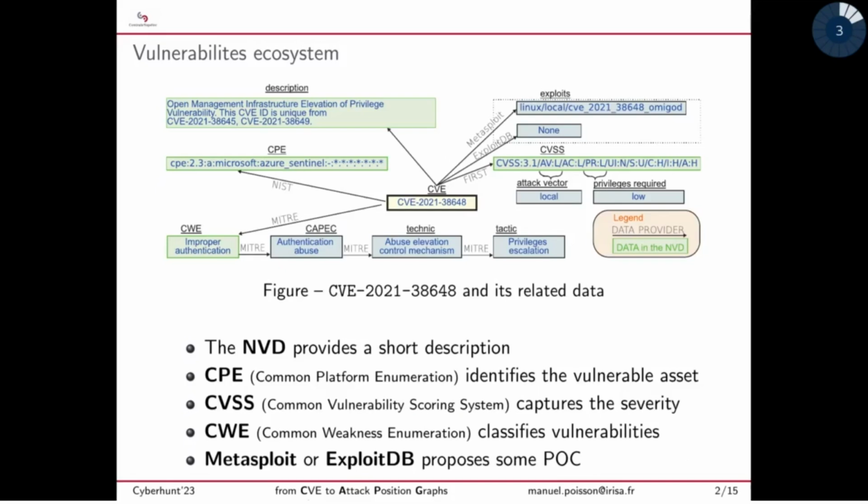And finally, we have exploits related to the vulnerability. This is proof of concept code that can trigger the vulnerability, and it can be found on Metasploit and ExploitDB.